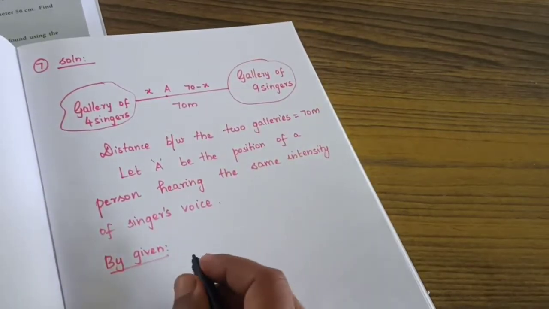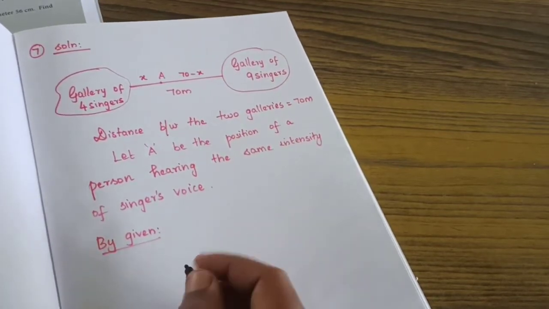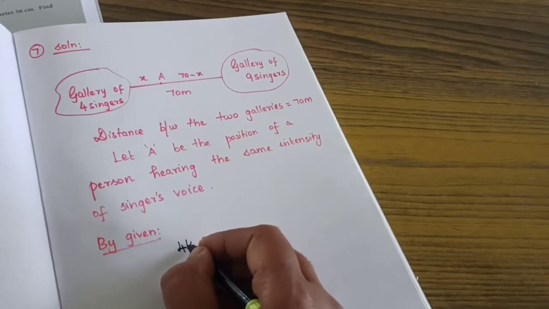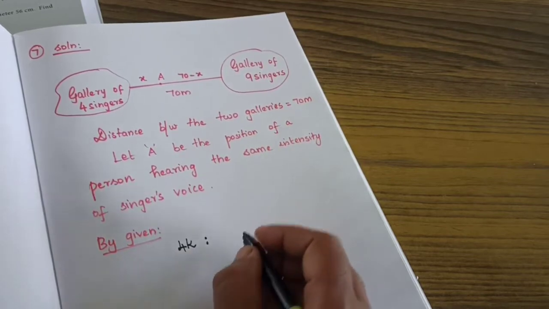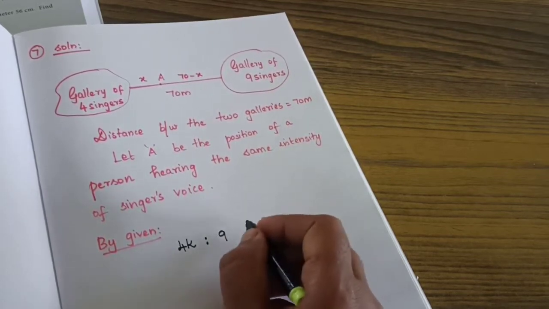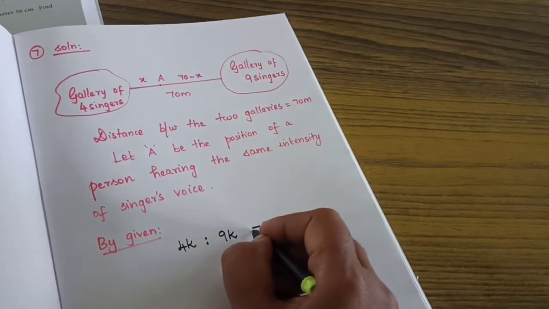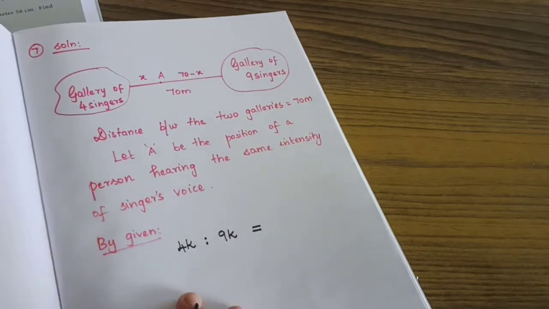By the hint, the ratio of the sound intensity, that means the 4 singers' singing voice should be 4k is to the 9 singers' singing voice, the intensity we are denoting by k. That is equal to the square of the ratio of the corresponding distances.